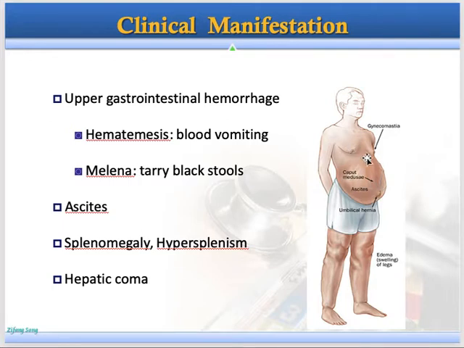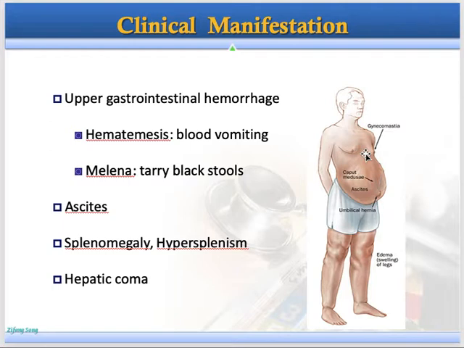And the rest, gynecomastia and reduced hair on the chest. These are all consequences of liver failure, right? So this is how the patients are going to present to the doctors, right?